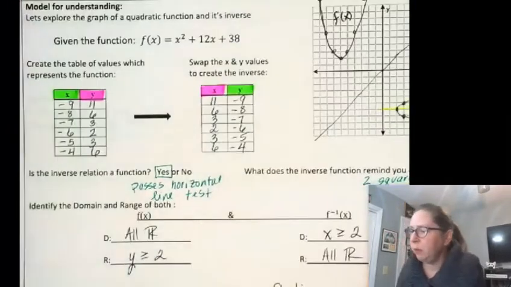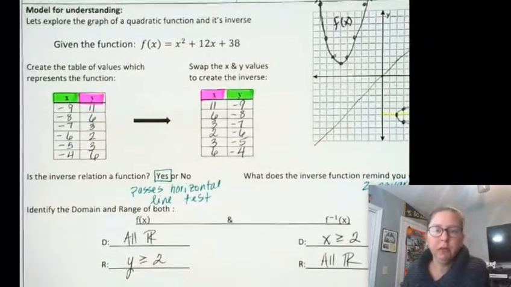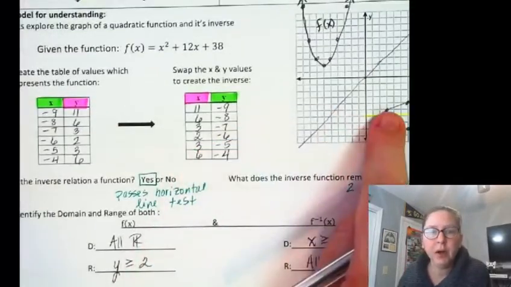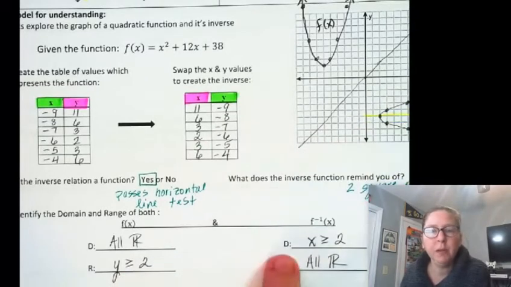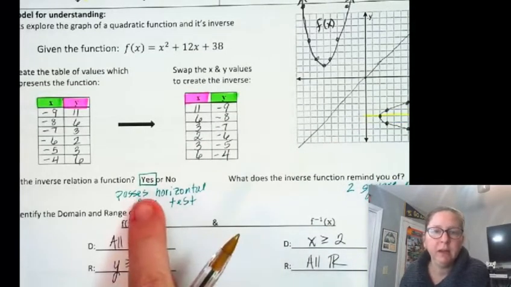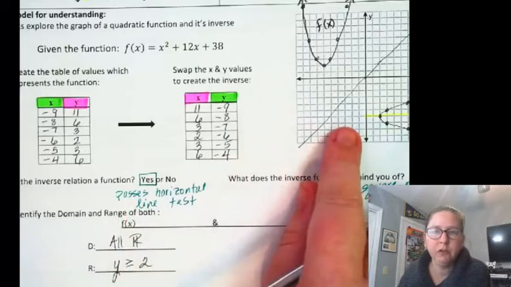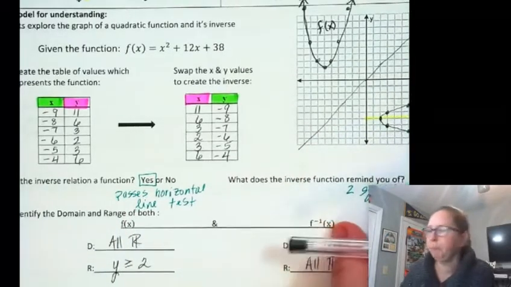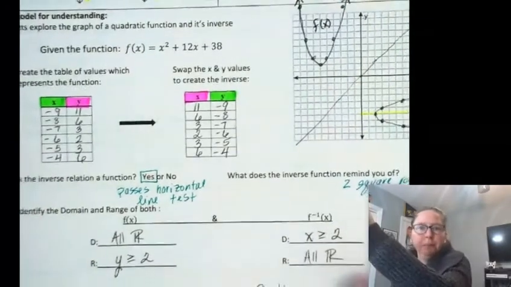So this is how we do inverse variation when we're starting out with a table and how we can graph it and looking at the domain and range and checking to see if our new relation passes the horizontal line test. Okay. All right.